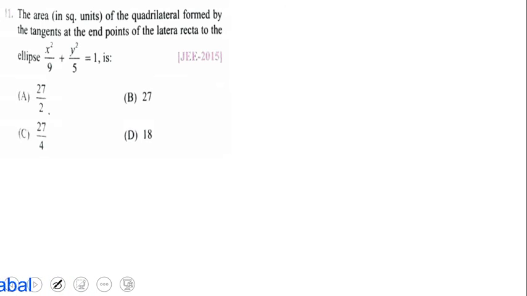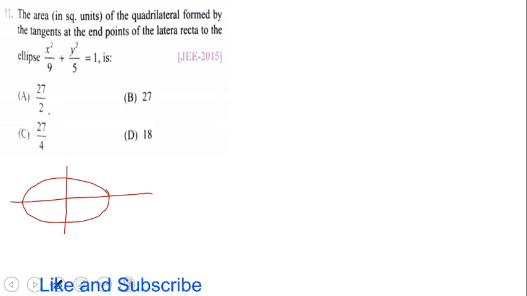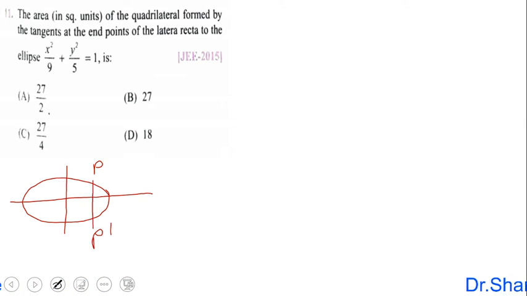The area in square units of a quadrilateral formed by the tangents we have to find at the ends of the latus rectum to the ellipse. So here this is the diagram of the ellipse. Here this is P dash, the length of the latus rectum.